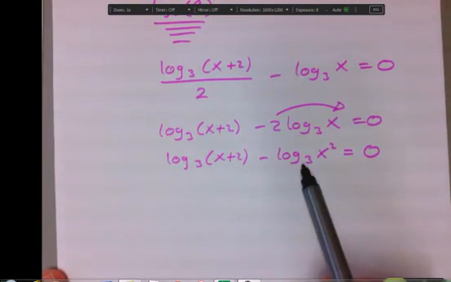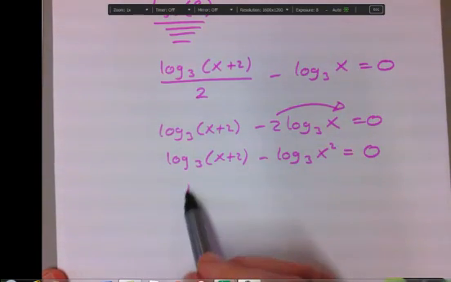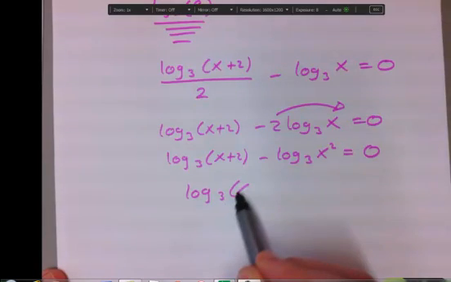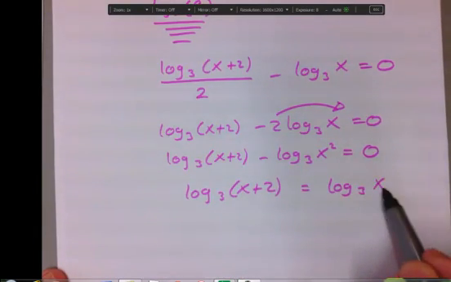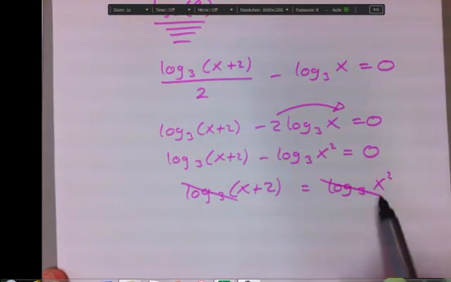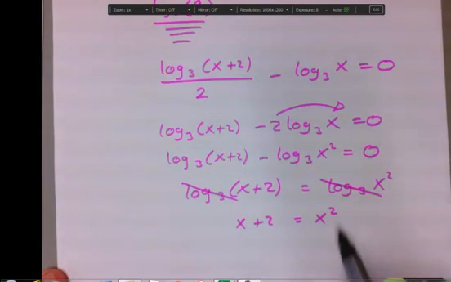And just for convenience, I'm going to take this portion and bring it over to the right hand side. And once I've got a log equals a log, it allows me to cancel them off. So I'm just left with x plus 2 is equal to x squared, and you'll work that down.